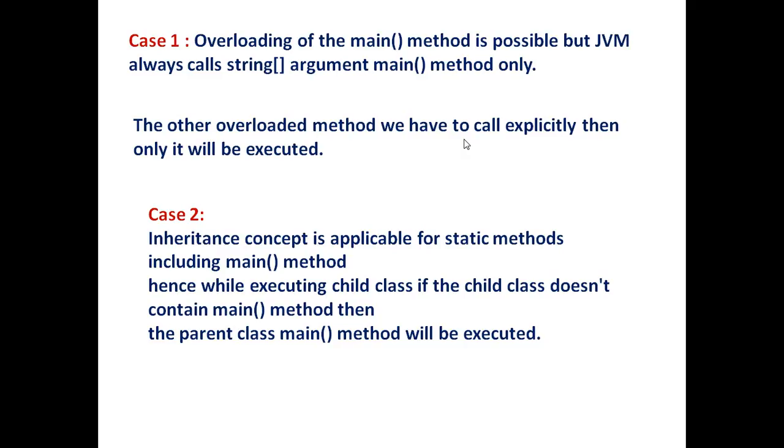Now I would like to make one more point. In the case of static methods only, the concept of inheritance is called method hiding, whereas in other cases where the method is not static, the concept of inheritance is known as overriding.